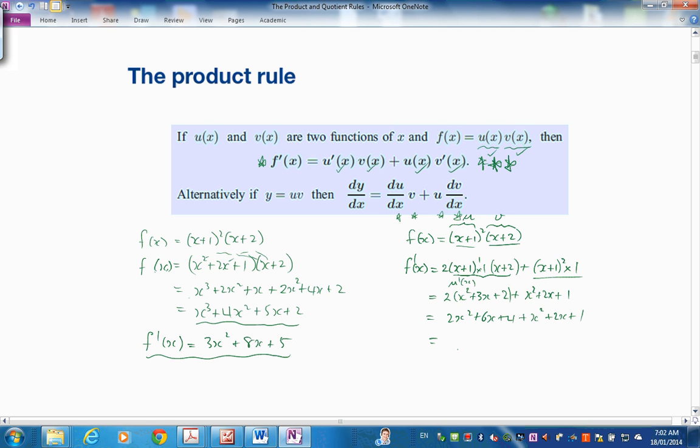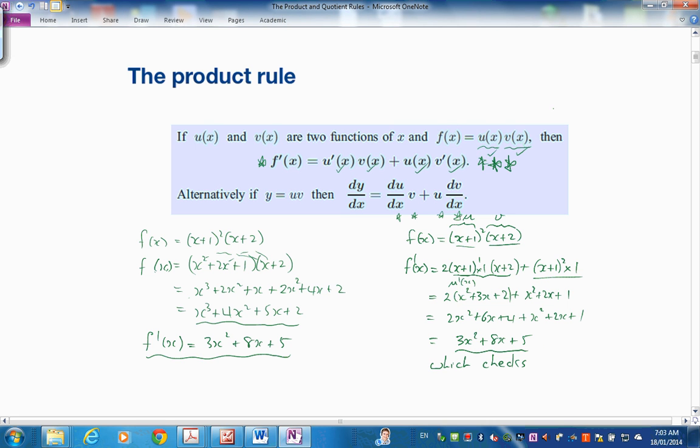So this is, what, 3x squared plus 8x plus 5, which checks with the x to the n approach. Okay, do you get it? Okay, so it's not ideal, a fairly complicated arrangement of the derivatives.